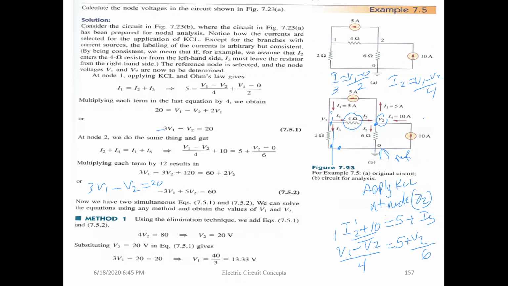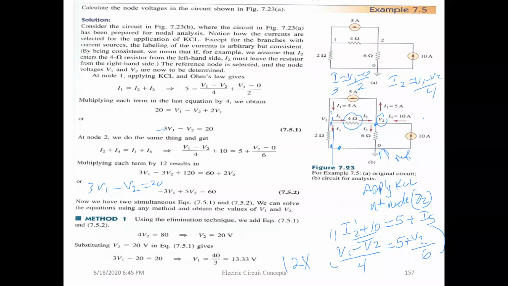Now I need to get rid of the 12 and the 4, so I multiply both sides by 12. I don't want any fraction in the equation because it would be very difficult to use a fraction or a decimal to solve the problem. So always try to find a common factor to get rid of the denominator and have real numbers rather than fractions.